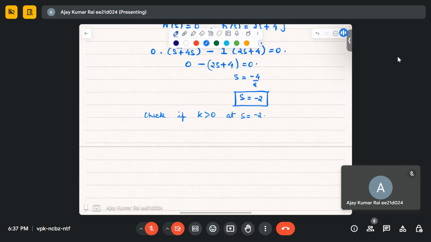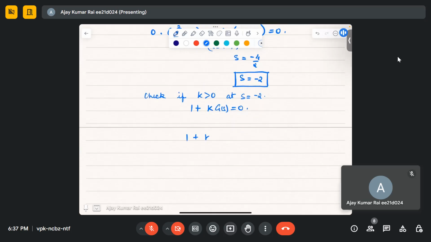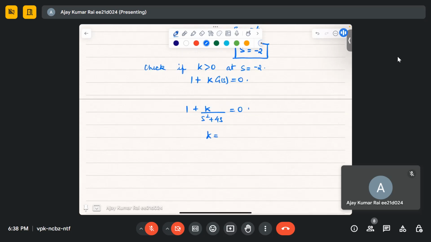I'll be using the equation 1 plus k into G(s) equal to 0, where G(s) you know is equal to 1 by s squared plus 4s. So k is minus (s squared plus 4s).